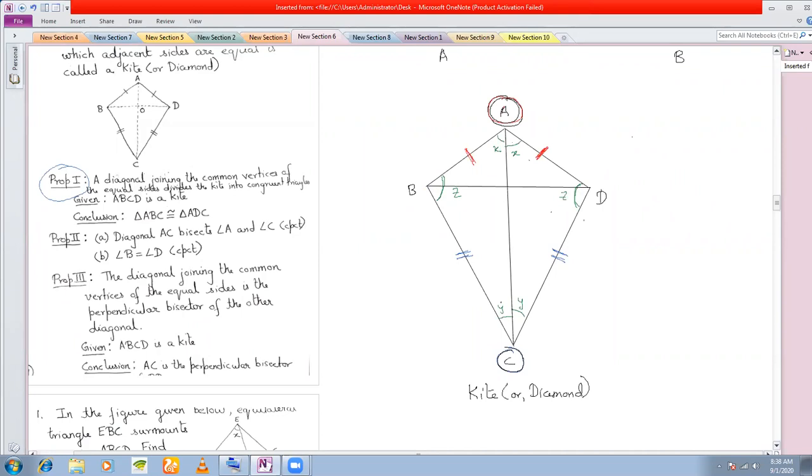The longer diagonal becomes the perpendicular bisector of the diagonal BD. That is, the longer diagonal is the perpendicular bisector of the shorter diagonal. So this is 90 degrees, and these two are equal.